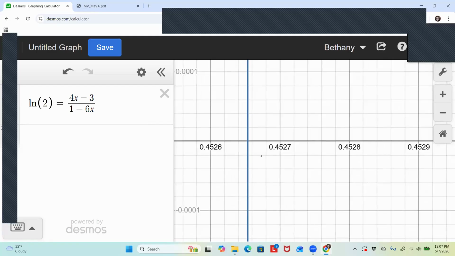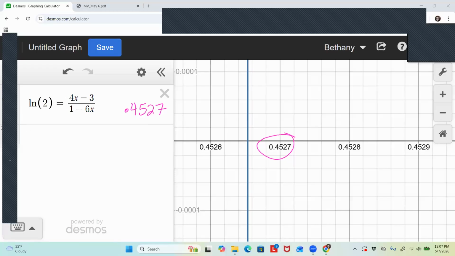There we go. So looks like it's closer to 0.4527 would be our 4-place decimal approximation. But if you're not allowed to use Desmos, then you can't put that in the calculator.